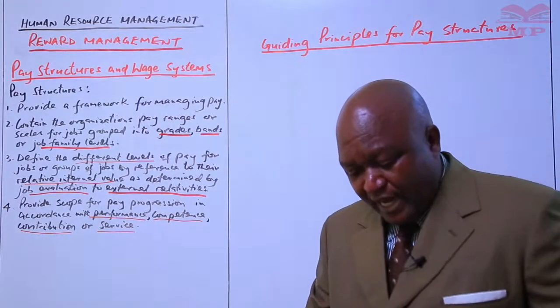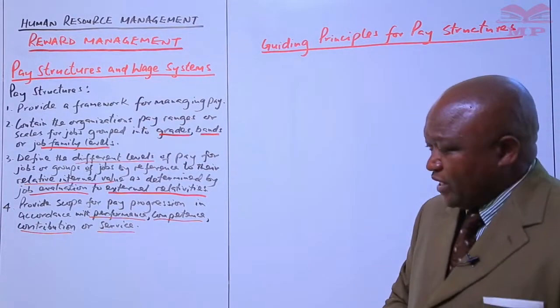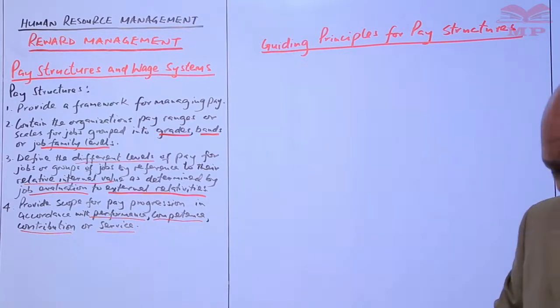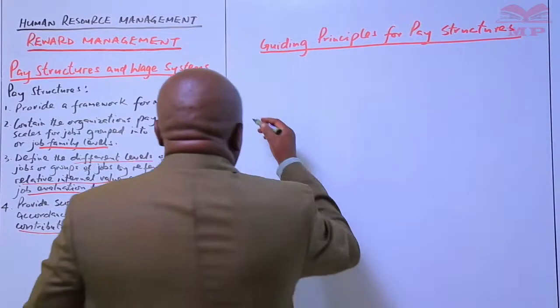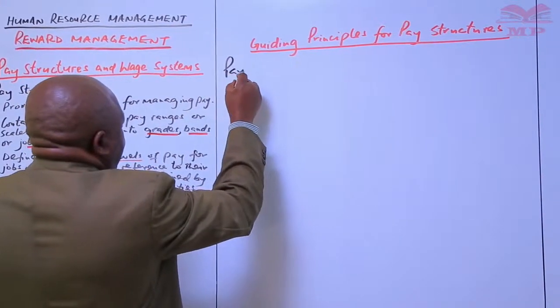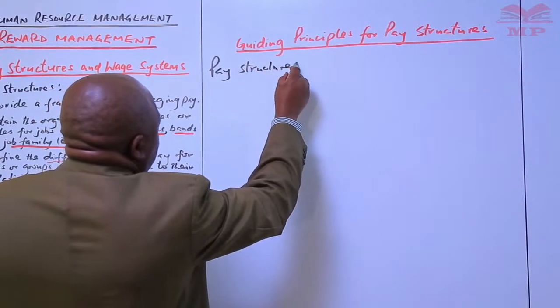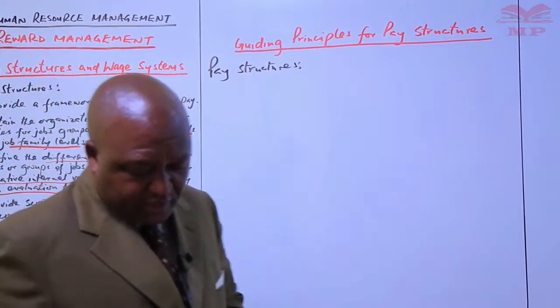So what are some of the guiding principles for pay structures when an organization is providing a pay structure? What are some of the things that they should look at? Dear learner, what should be the guiding principles in terms of pay structures?